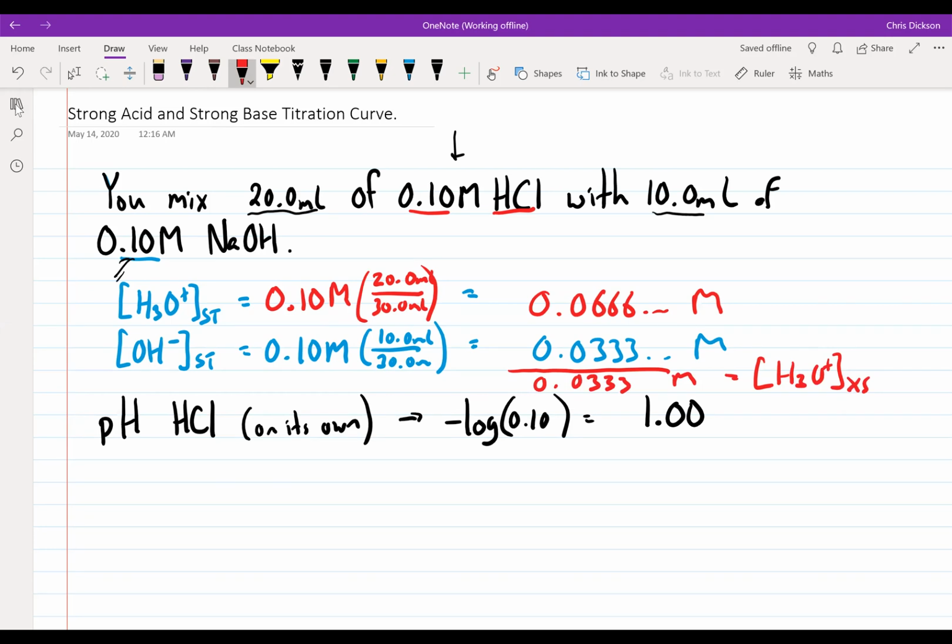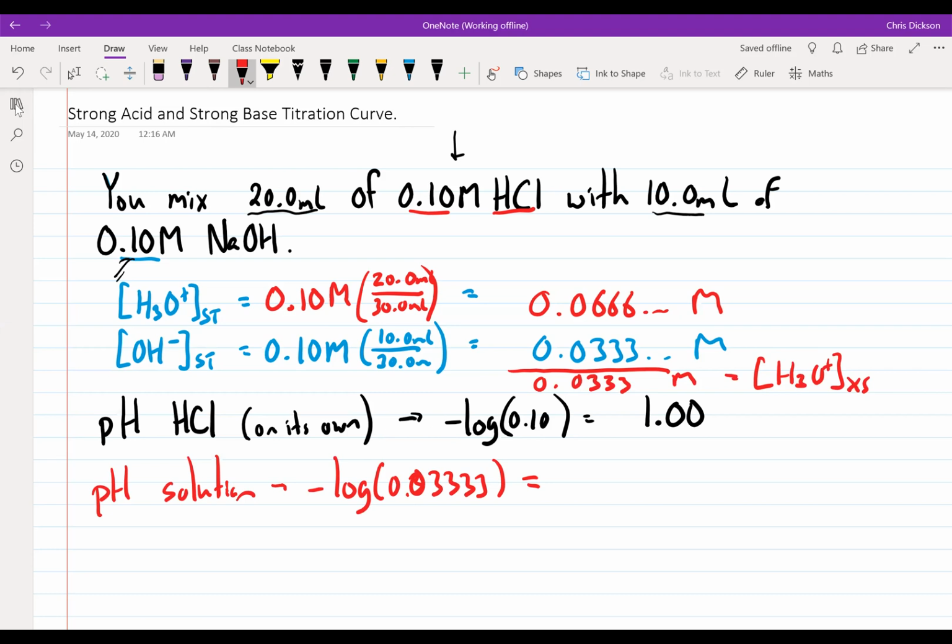So if you worked out the pH of the solution after you mixed it, that would equal the negative log of the hydronium, which would be 0.033333. It's a little harder to work out in your head, but you can ballpark that number and see it's not much different actually.